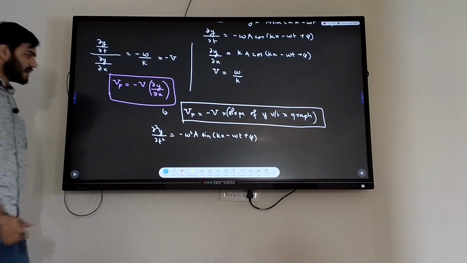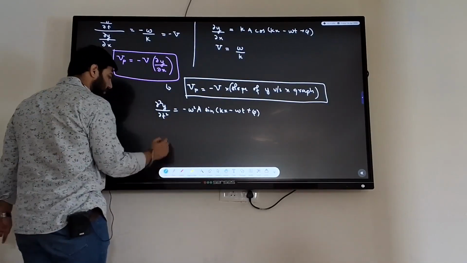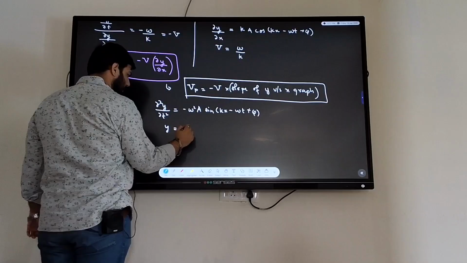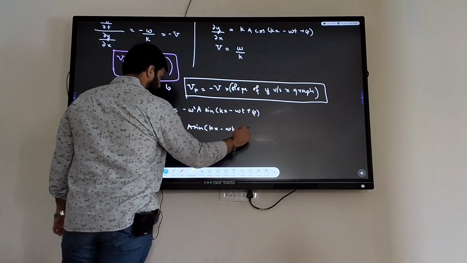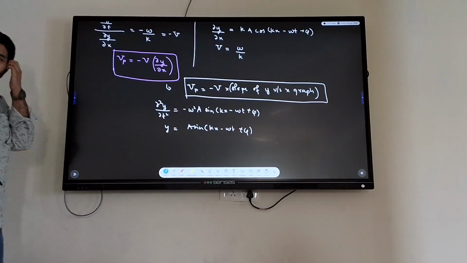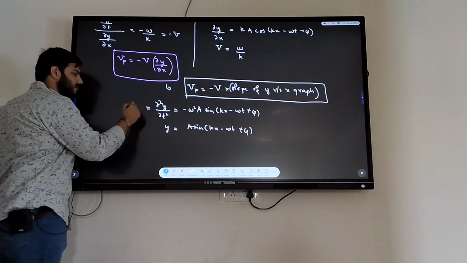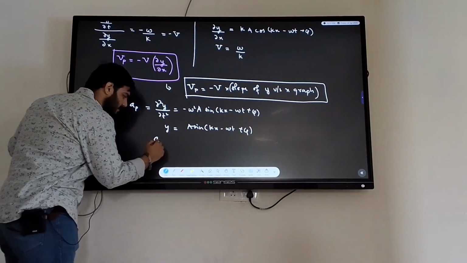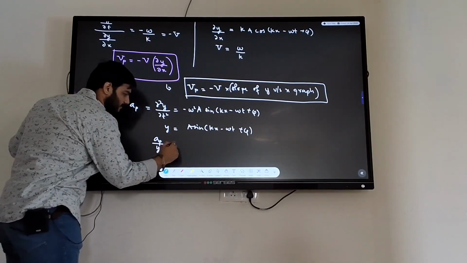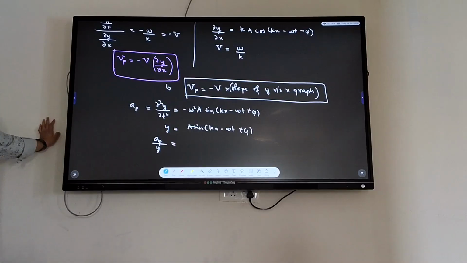What was y? That's a sin(kx minus omega t plus phi). Let's take the ratio, actually this is Ap now. Let's take the ratio of Ap divided by y. The sine will cancel again, and a also cancels, and what do you have on the RHS?